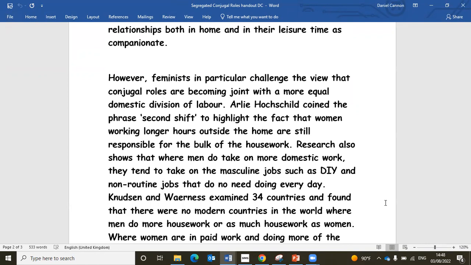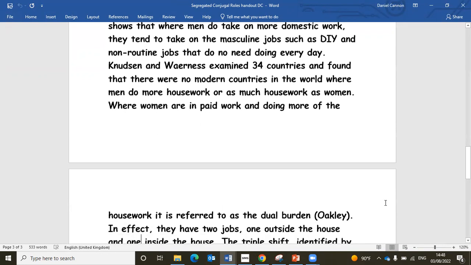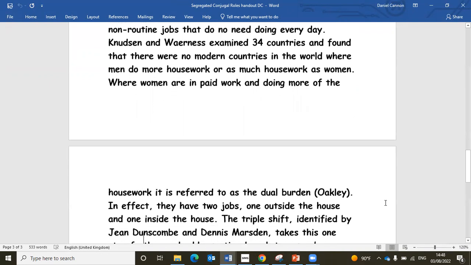Research also shows that where men do take on more domestic work, they tend to take on the more masculine jobs, such as DIY and non-routine jobs that do not need doing every day. Knudsen and Wanus examined 34 countries and found that there were no modern countries in the world where men do as much housework as women. Where women are in paid work and are doing more of the housework, it is referred to as the dual burden.